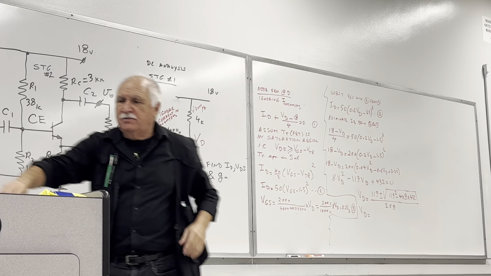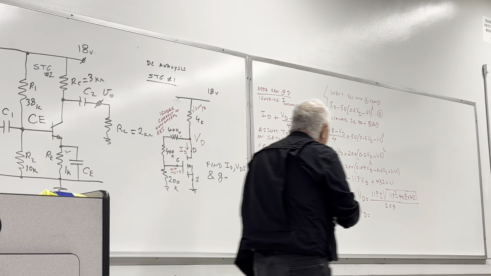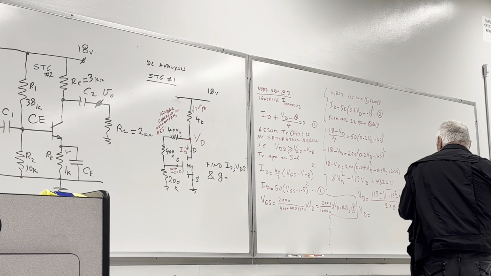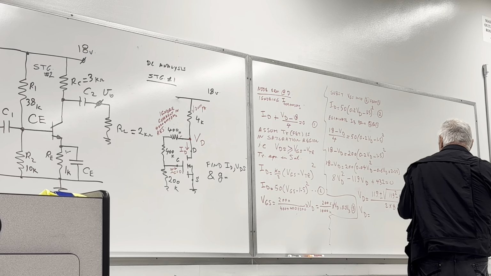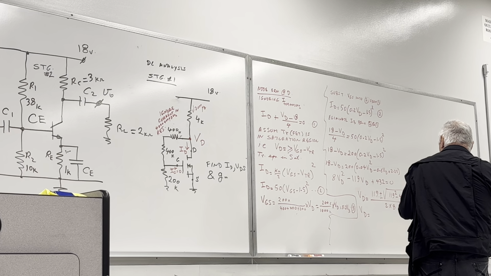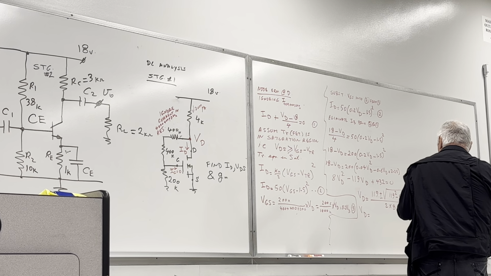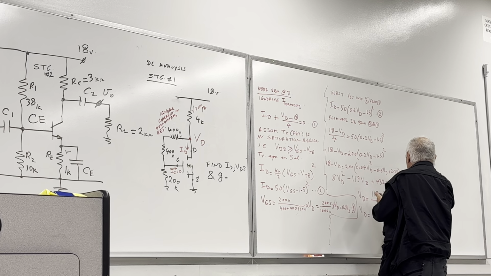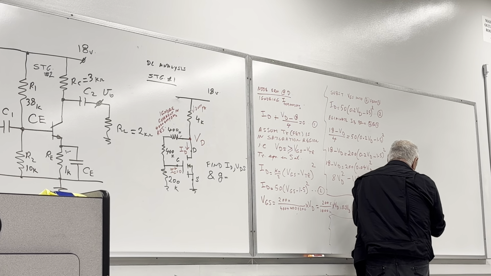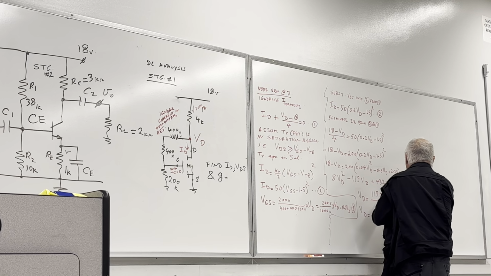Now calculator. 119 squared minus 4 times 8 times 432, equal, square root, equal. So this number turns out to be 18.35.